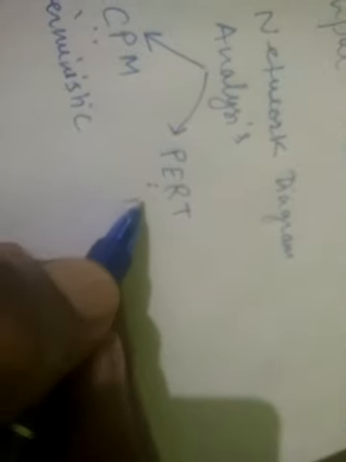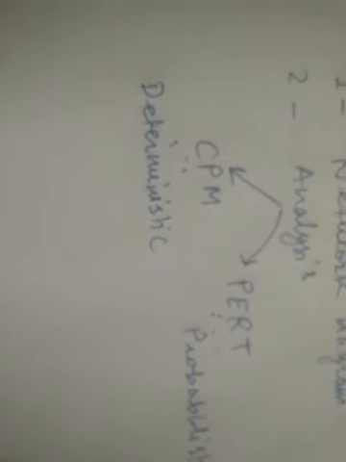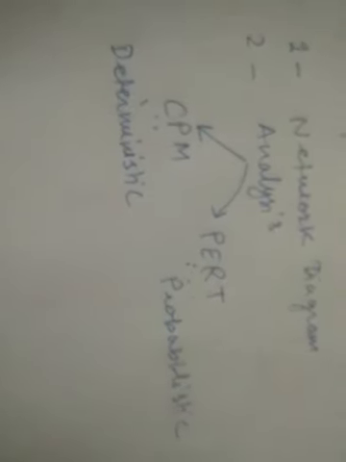CPM is used when time estimates are deterministic, and PERT is used when time estimates are probabilistic. For now, just understand that these are the techniques, and they are used in different situations.